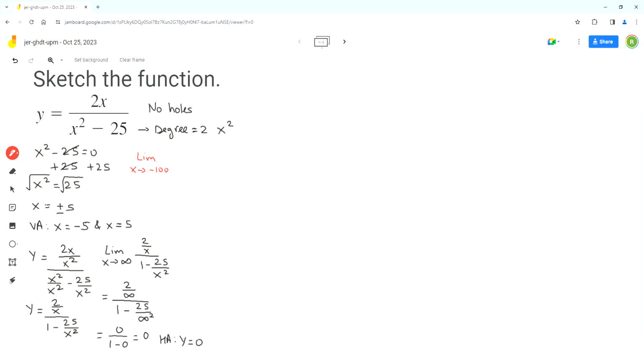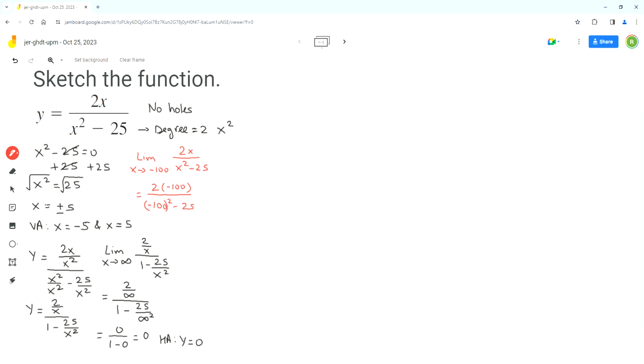We can use the expression 2x over x squared minus 25. Now we apply the limit, so 2 times negative 100 over negative 100 squared minus 25.